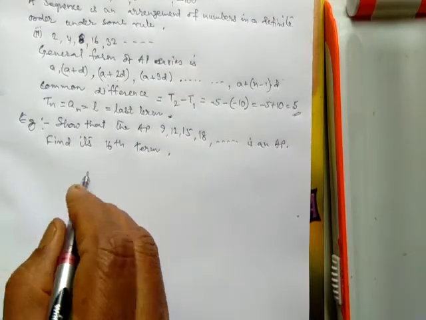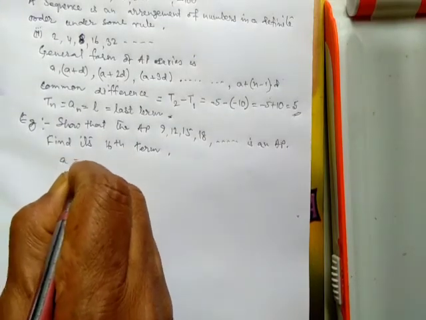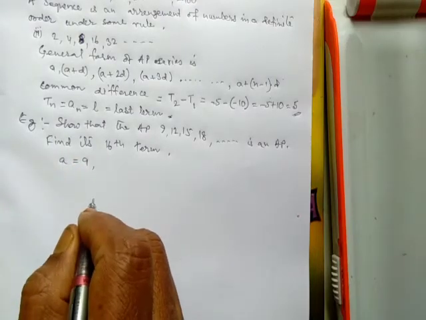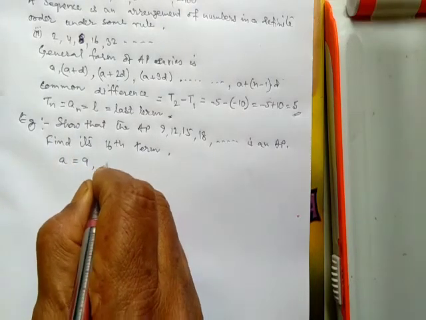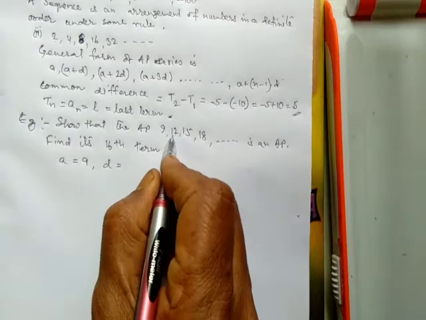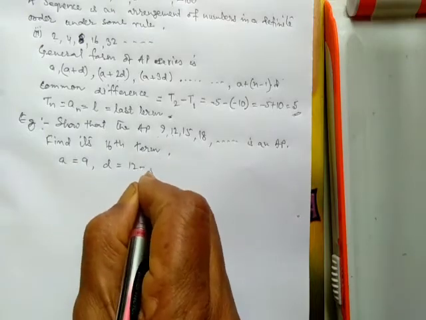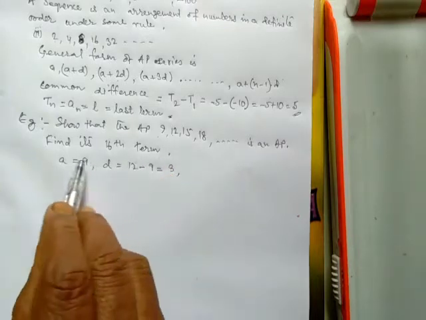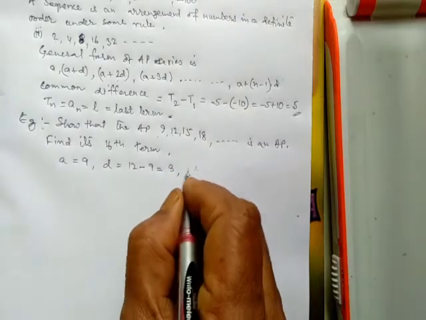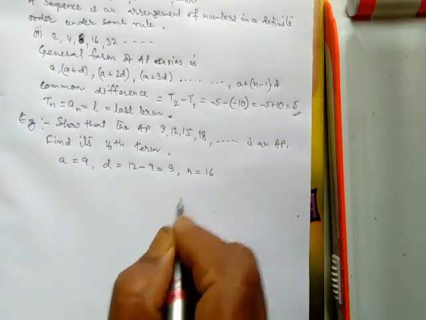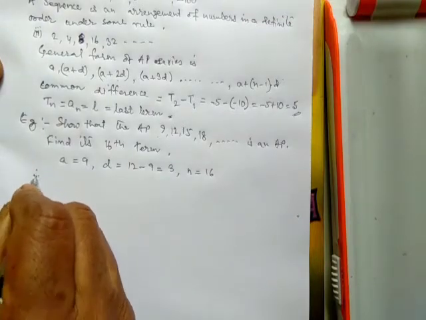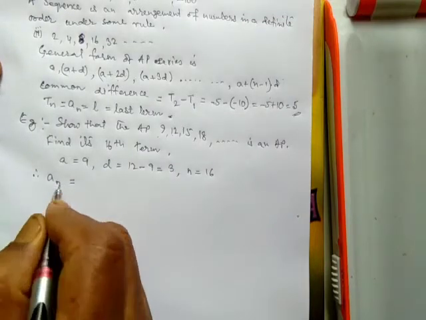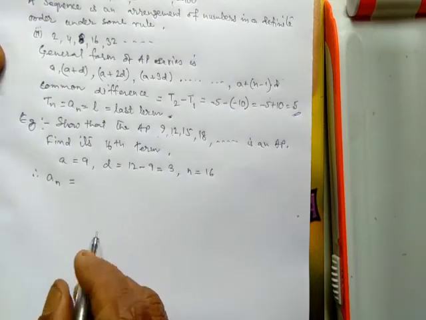The first term is what? Here a is equal to 9. Common difference is equal to the second term minus the first term, 12 minus 9, which is equal to 3. How many terms are there? Find its 16th term, so n is equal to 16. Therefore an, the 16th term, is equal to how much?